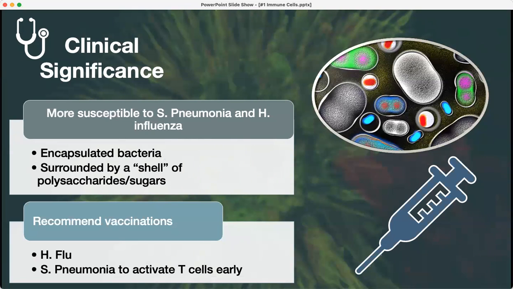So they're recommending vaccinations to activate the T cells early for these conditions. Unfortunately, in low resource settings, these vaccines are not available. And so the little boy, unfortunately, would have a tougher time if he got exposed to staph or strep pneumonia and H influenza.